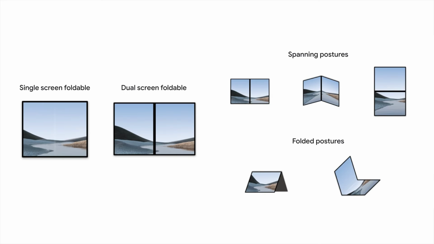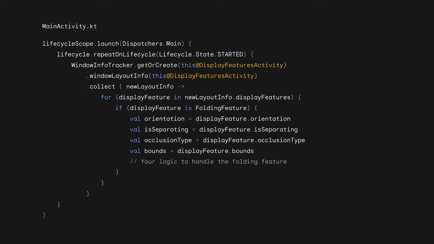Jetpack Window Manager contains the folding feature class, which describes a fold in a flexible display or a hinge between two display panels. Similar to how we handle display cutouts, check the bounds and occlusion type of any folding features to determine if you should reflow any critical game content.